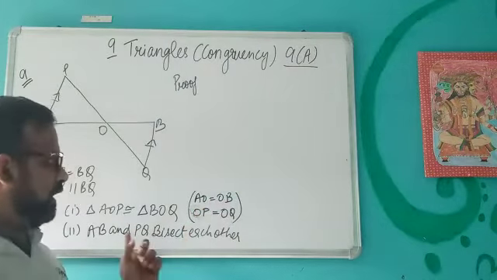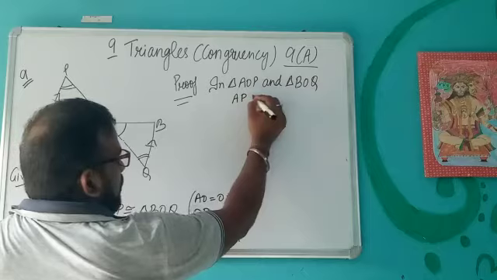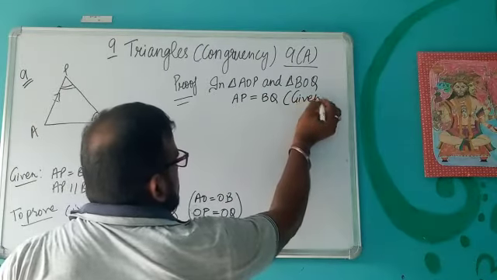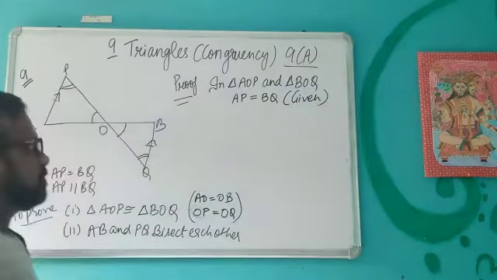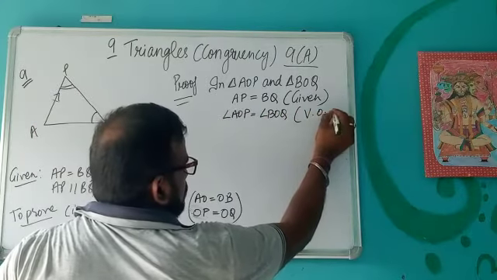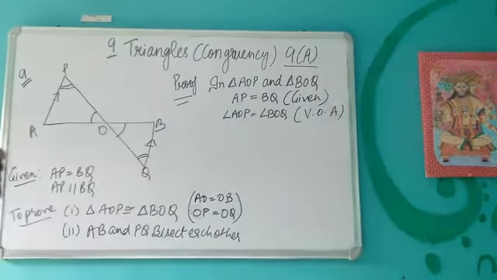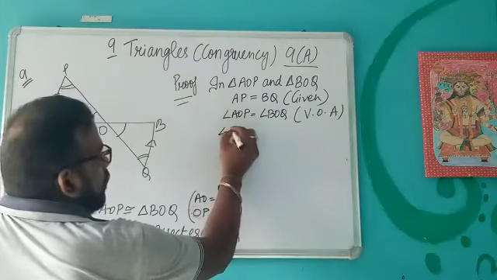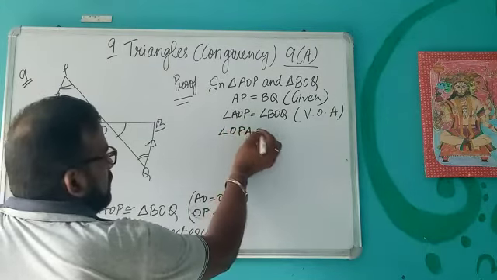So let's write it. First we will write AP equal to BQ. In the bracket we will write the reason: it is given. Then we will write angle AOP is equal to angle BOQ. In the bracket we will write vertically opposite angle. Then angle OPA is equal to angle OQB, and what is the reason?